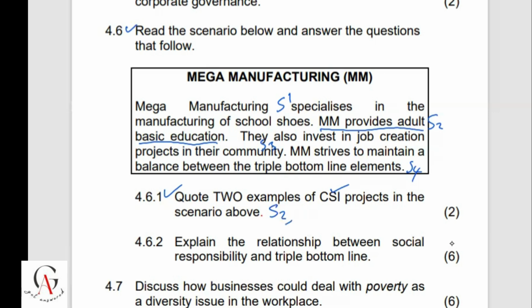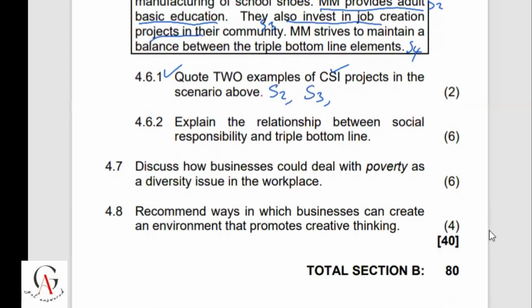And also they invest in job creation projects in their communities, meaning we are also going to quote sentence number 3. And remember, you write the full sentence as it appears in the scenario. You don't add, you don't subtract. Okay, guys. Now let's move on to 4.6.2.